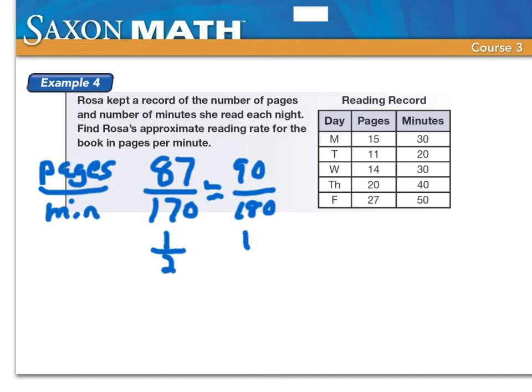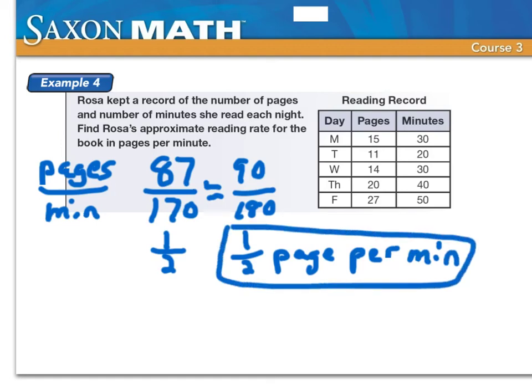That means she reads about a half page every minute. So we got this fraction that just tells us how many pages she's going to read each minute, because 1 page every 2 minutes means she reads a half a page each minute. So that's using the total.